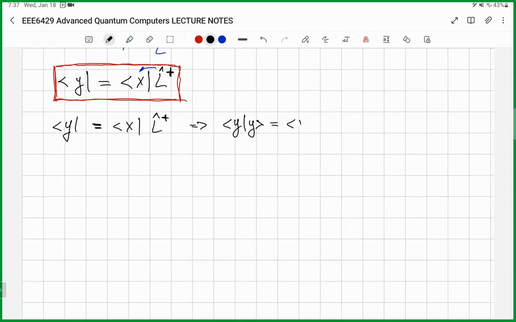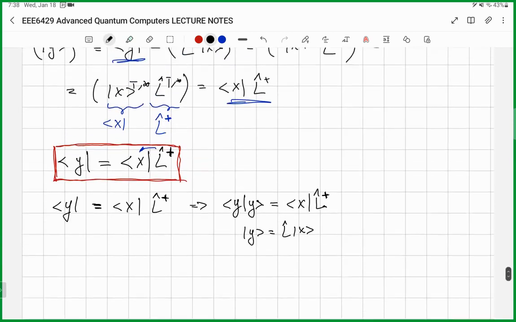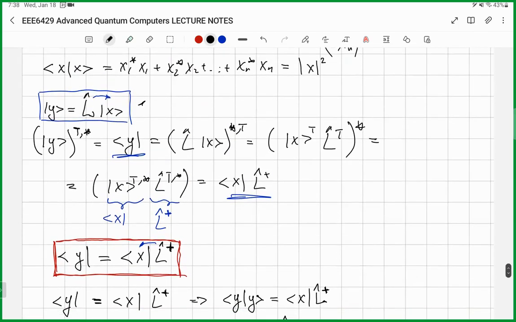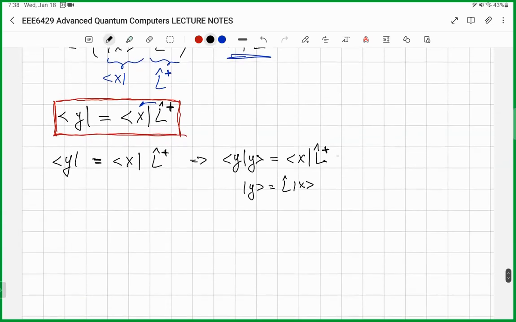What I get is x, then the Hermitian conjugated operator, and then for the ket vector, of course, it is L times x, this expression here. So it will be the L operator times x.